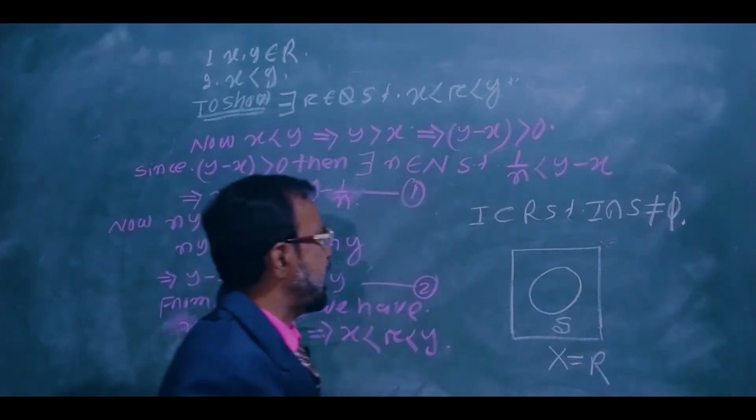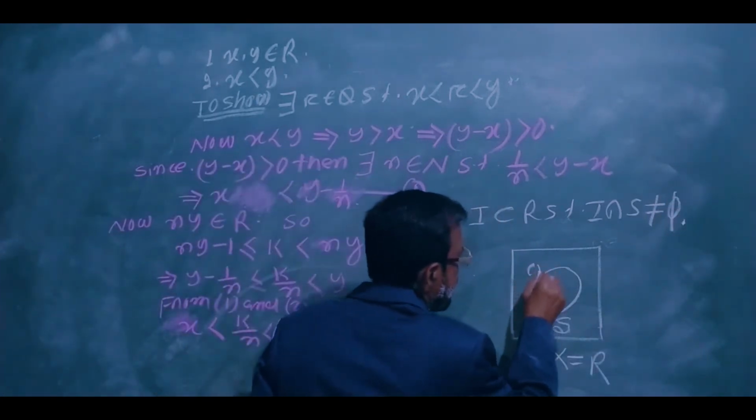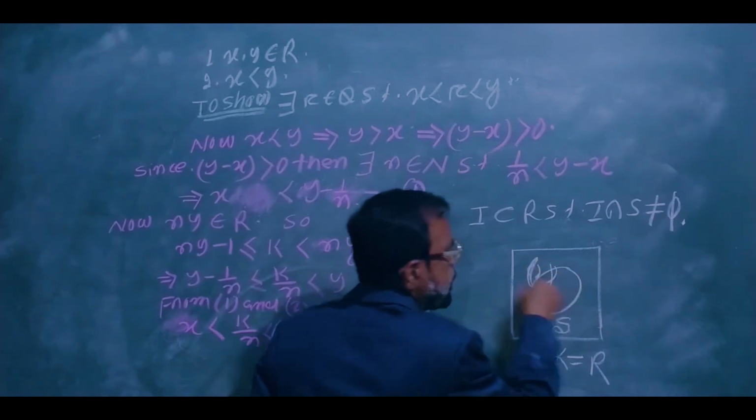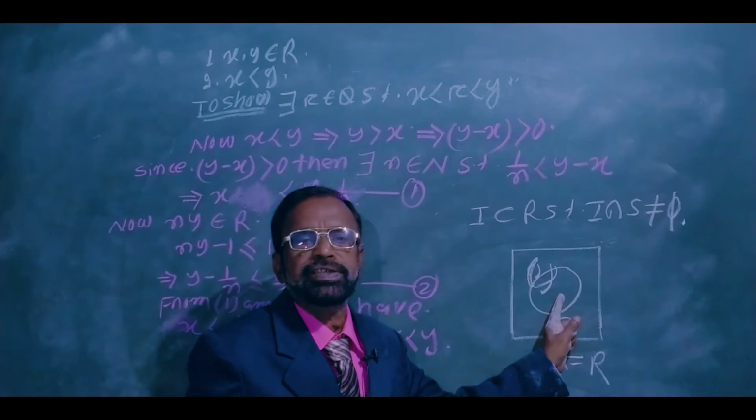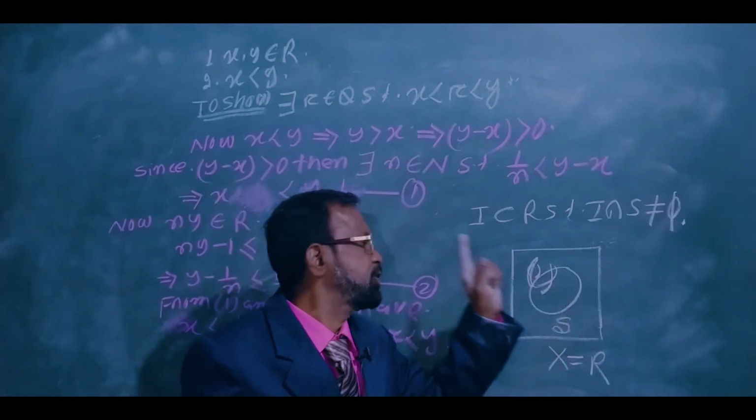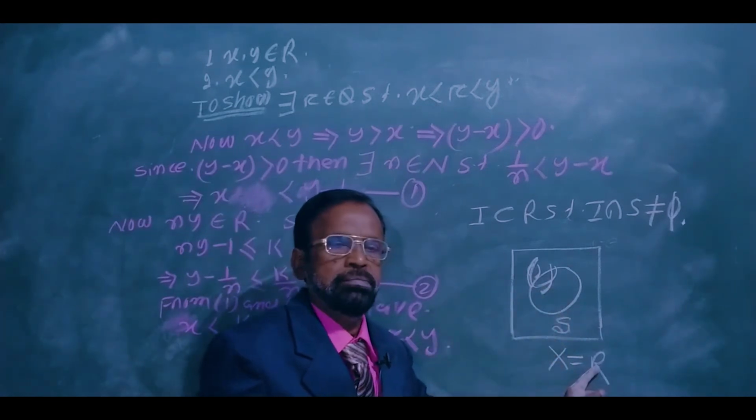That means you may take any interval, small or large, up to your choice. That interval must contain at least one element of S. Then we say that S is dense in R.